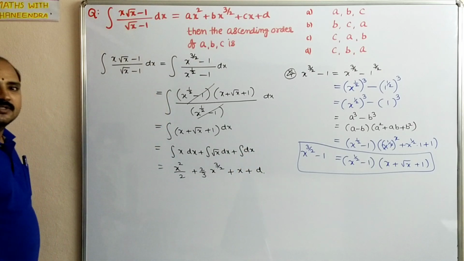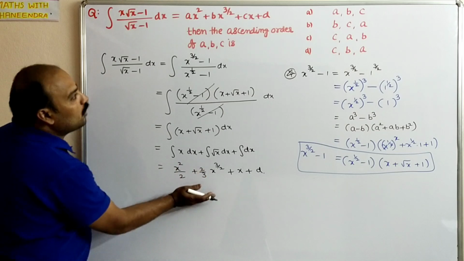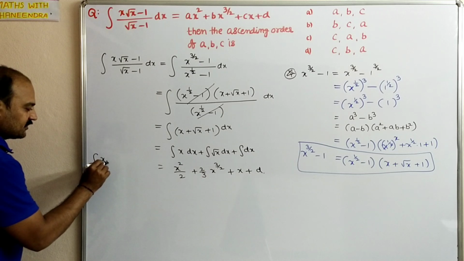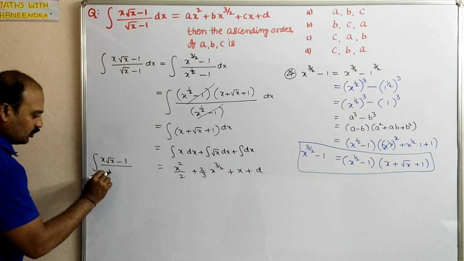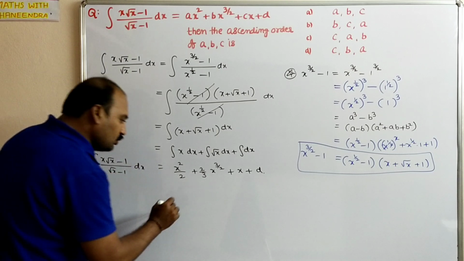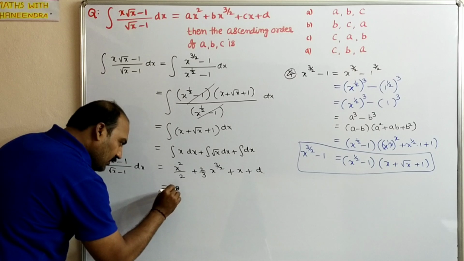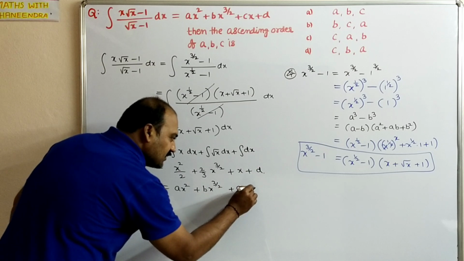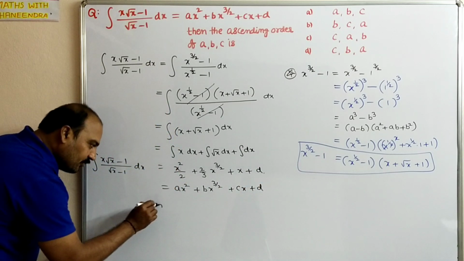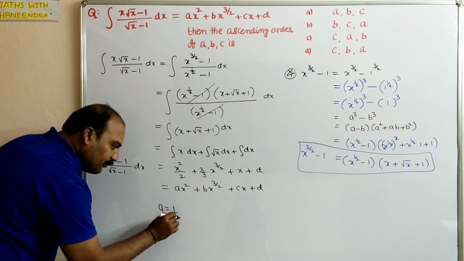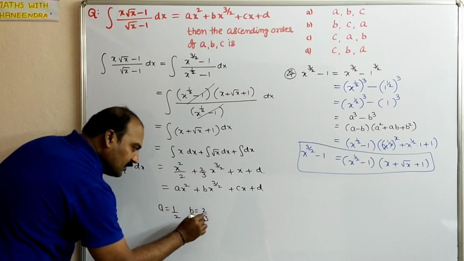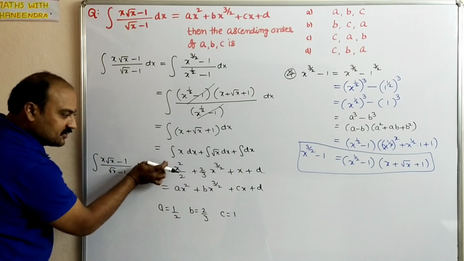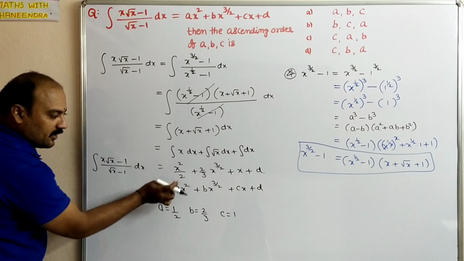plus d. Sir, why are you taking d, generally c? This you have to compare with the given value. Since integral x root x minus 1 divided by root x minus 1 into dx is equal to ax square plus bx power 3 by 2 plus cx plus d, by comparing these two, a value equals 1 by 2, b value equals 2 by 3, and c value equals 1. These are the x square coefficient, the x power 3 by 2 coefficient, and the x coefficient.